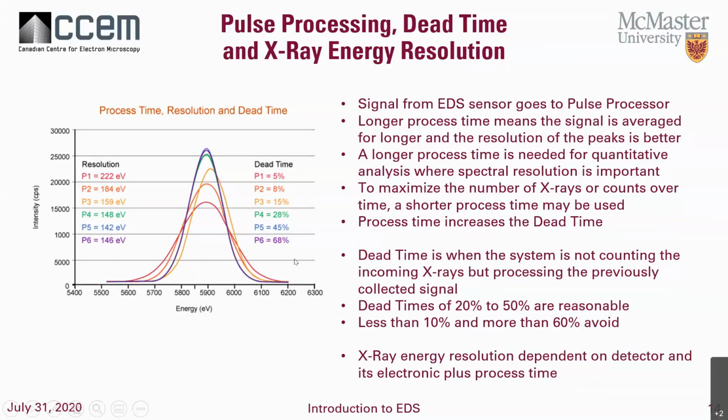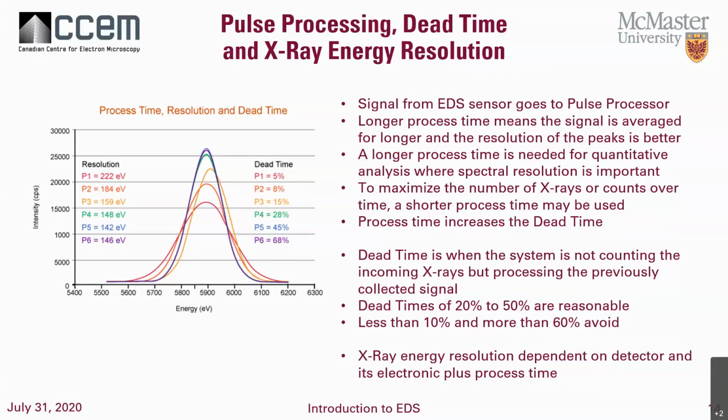Dead time is the time when the system is not counting the incoming X-rays, but is processing the previously collected data. 28 to 50% is a reasonable dead time. You don't want to have less than 10 because you really don't have saturation of the detector with signal.